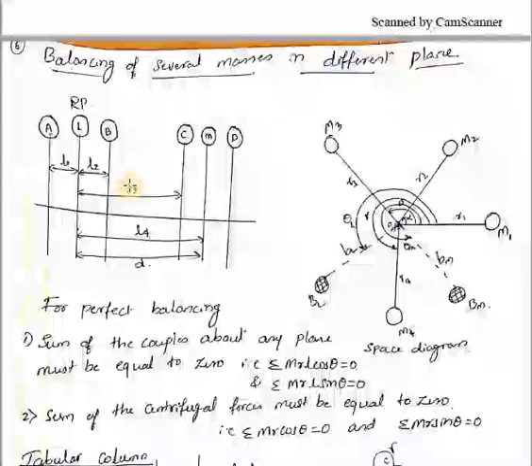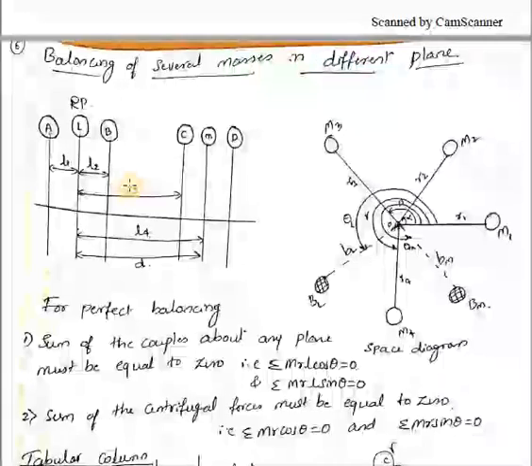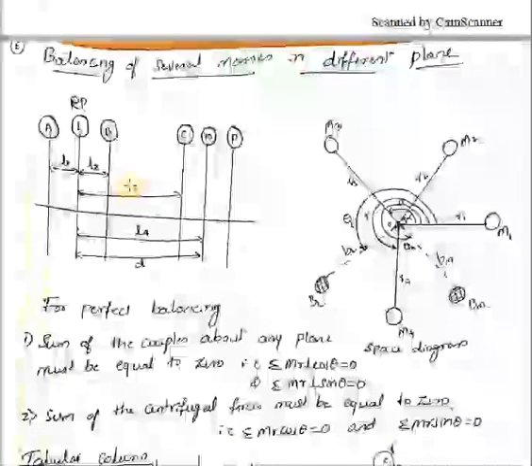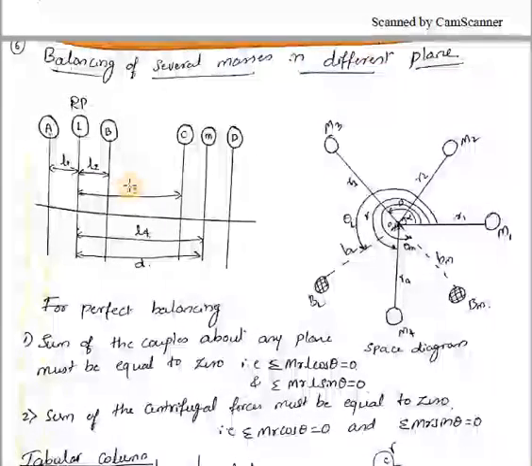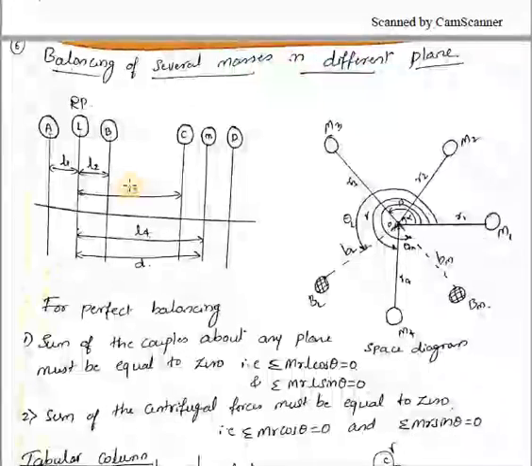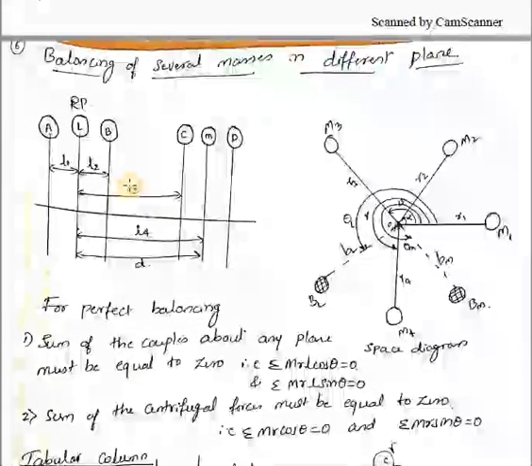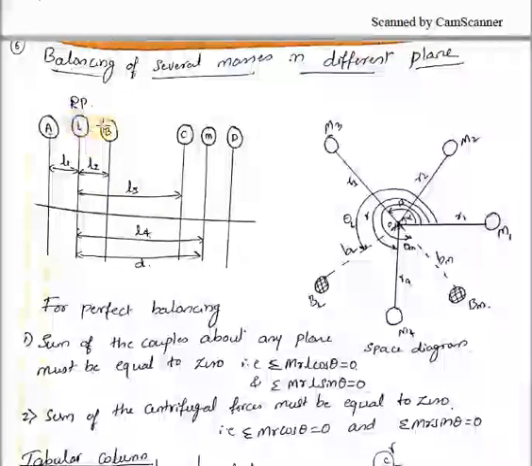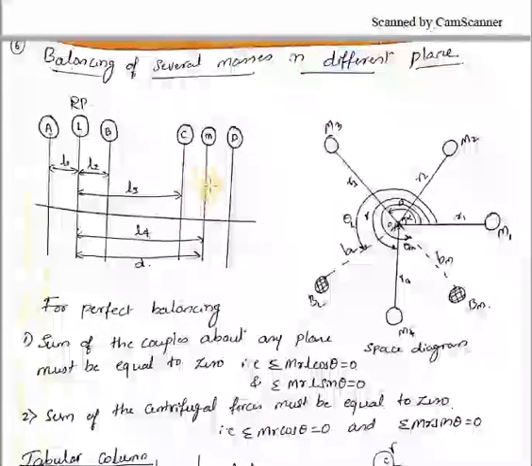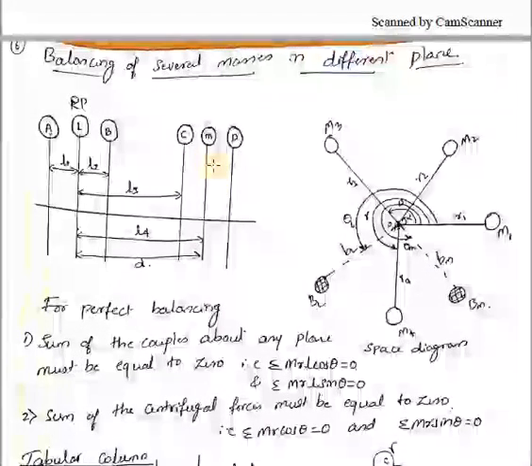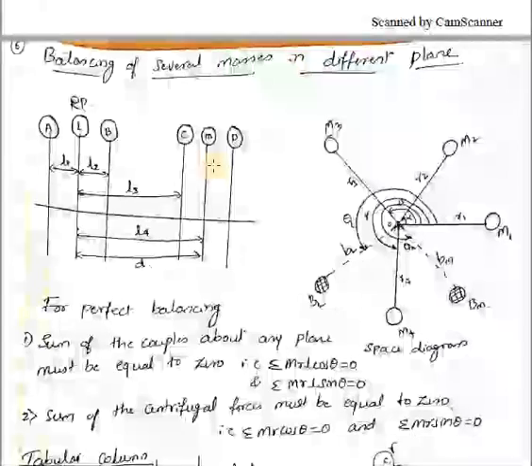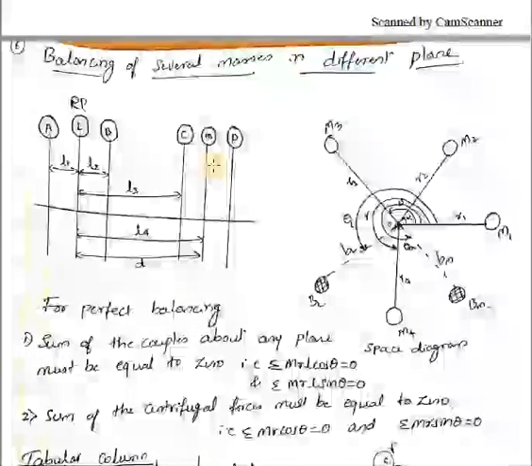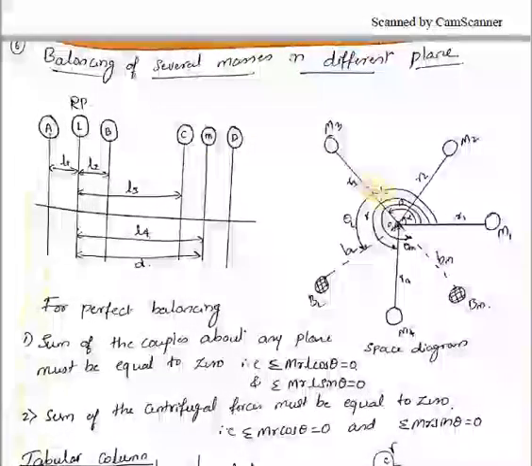So here they are revolving in different planes. In order to balance this system, assume that 2 balancing masses are introduced. One balancing mass is BL in plane L and another is BM in plane M. The angular positions of the masses M2, M3 and M4 are alpha, beta, gamma with respect to M1.